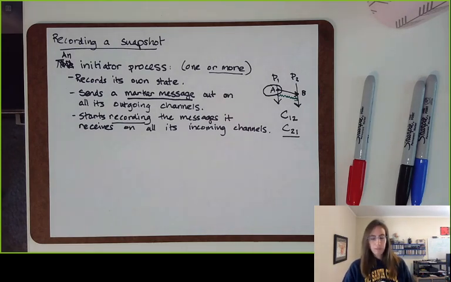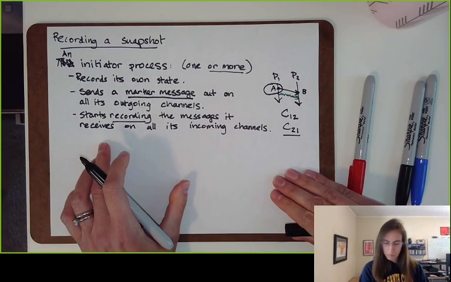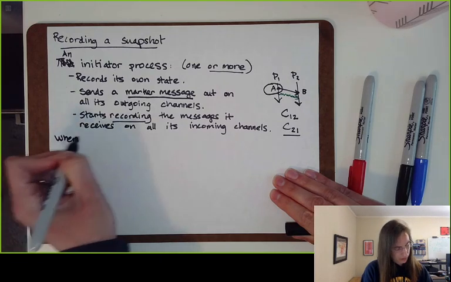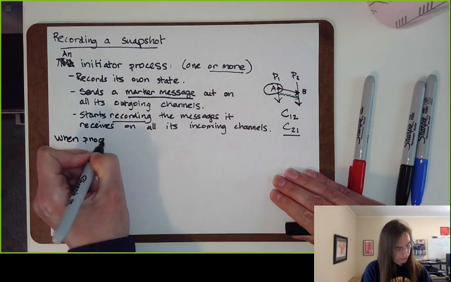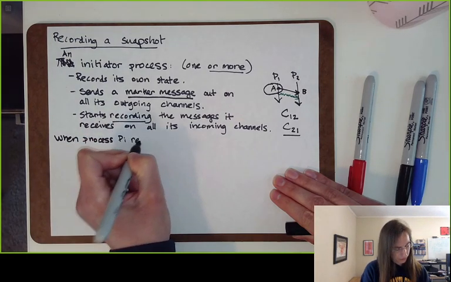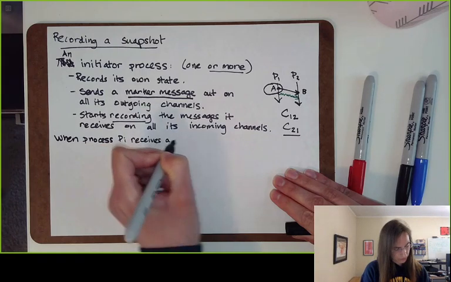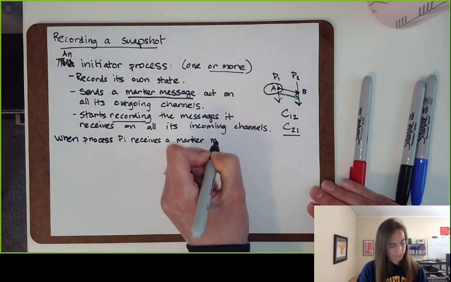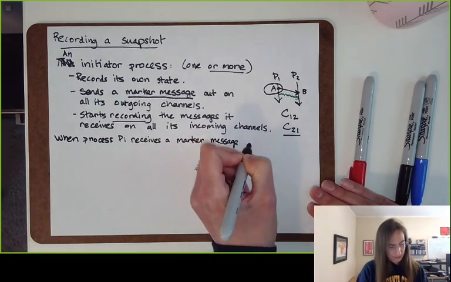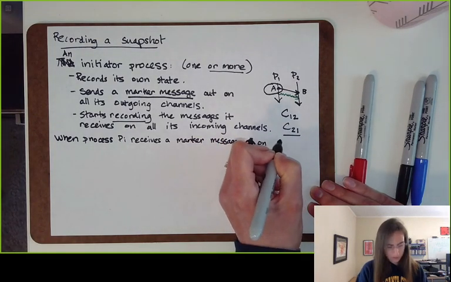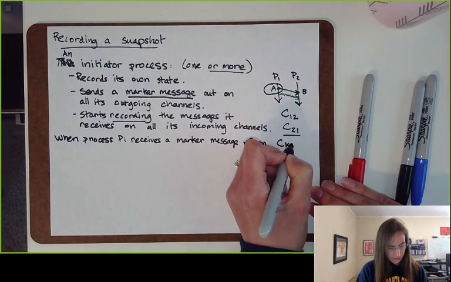What happens when somebody receives a marker message? There are 2 cases. We'll say, when process Pi receives a marker message on channel Cki.